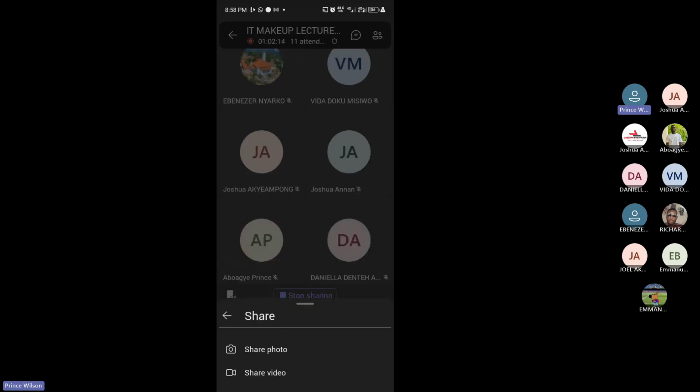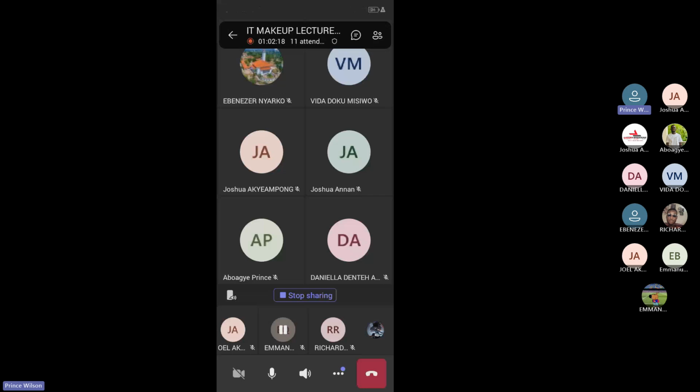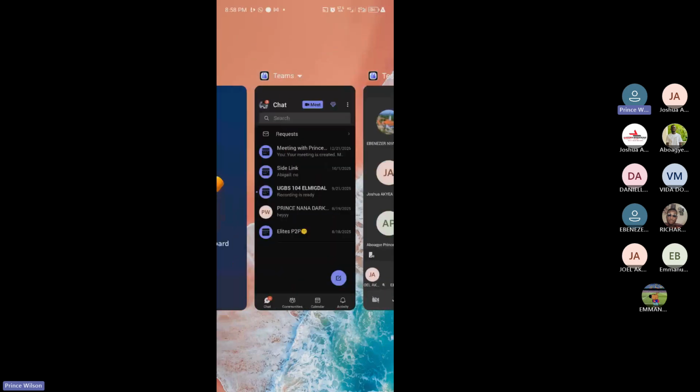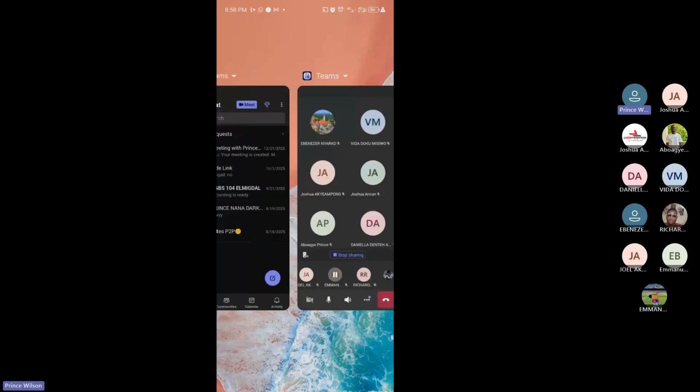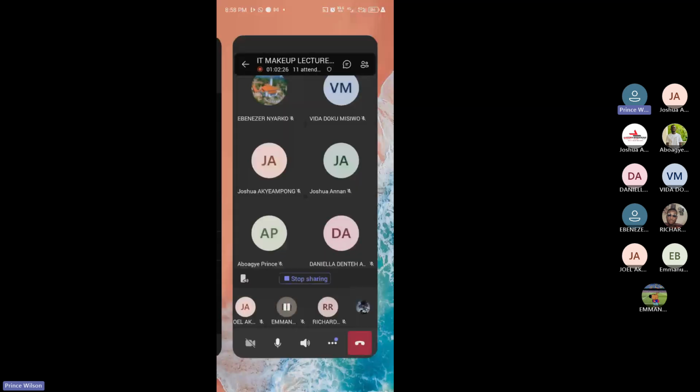I think even the phone used to have a share board option, so that I will directly share that. Okay, so everything is bugging.